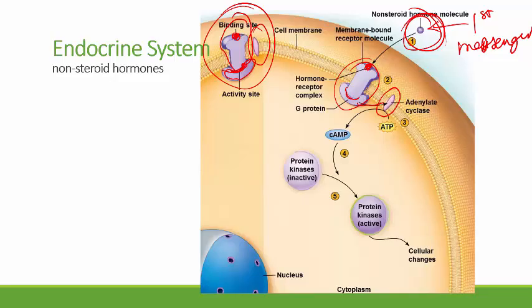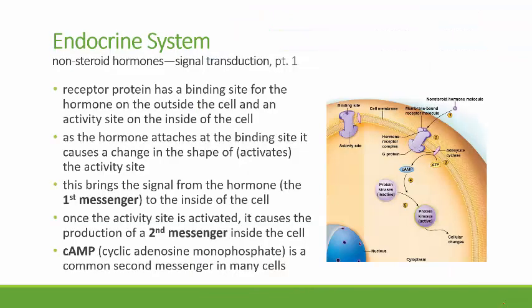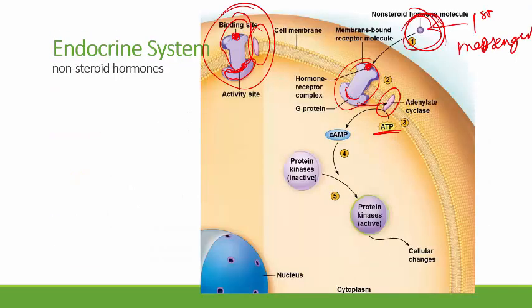What adenylate cyclase is capable of doing is taking our old buddy ATP, that's adenosine triphosphate, ripping off a couple of the phosphate groups, and converting it into a version of ATP called cyclic AMP. This time it's adenosine monophosphate, and it's got a little circular structure associated with it.